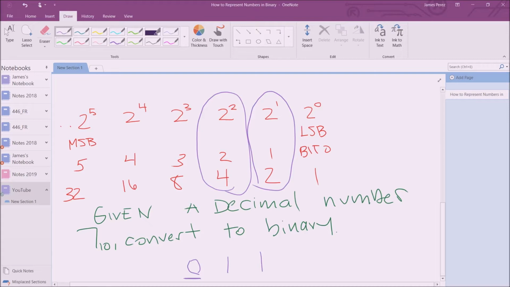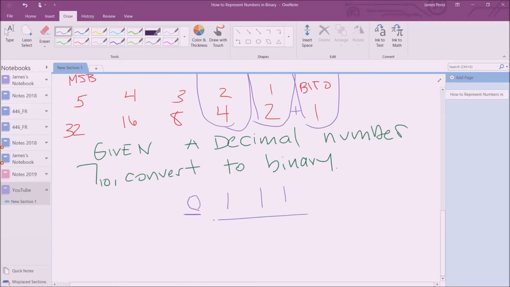And now we just need a 1 because 6 plus 1 is 7. So 4 plus 2 is 6 plus this one right here, so 1. So this is your answer in binary, or base 2. You can also write this as 1, 1, 1, base 2. Usually whenever you're representing binary, you usually have 4 bits, but it's not that significant.